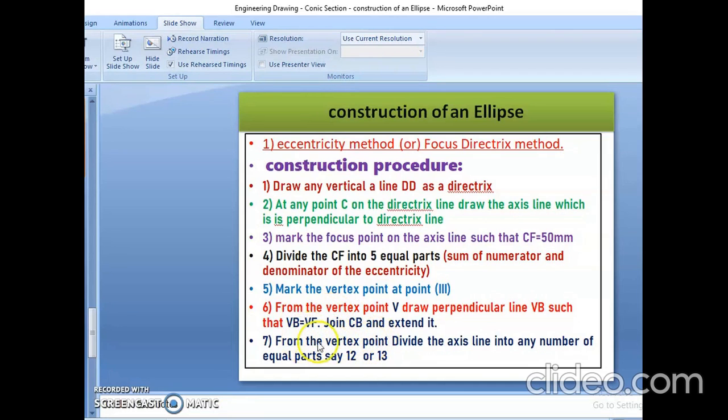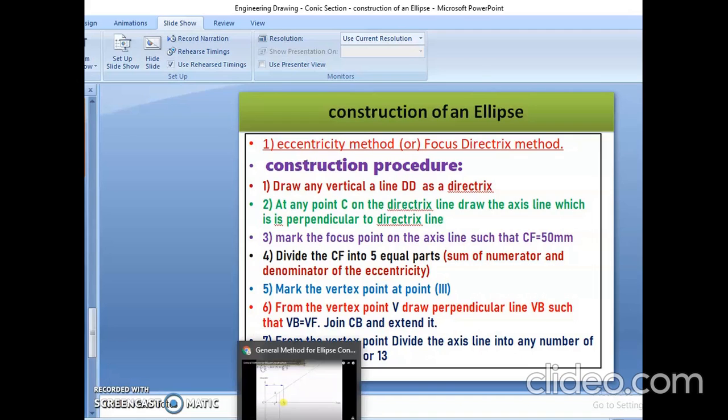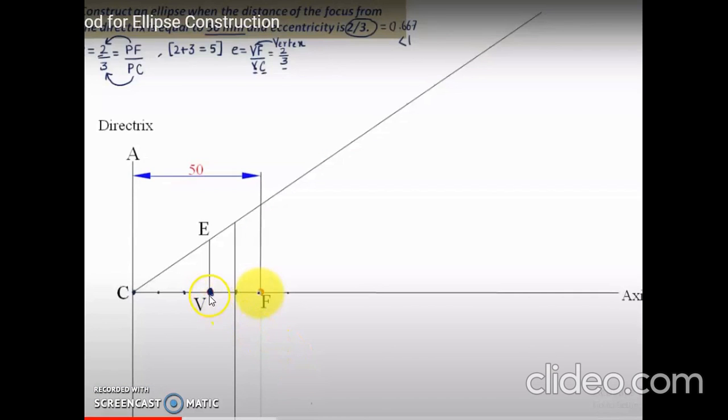From the vertex point, divide the axis line into any number of equal parts, say 12 or 13, as you wish. This is the vertex point.